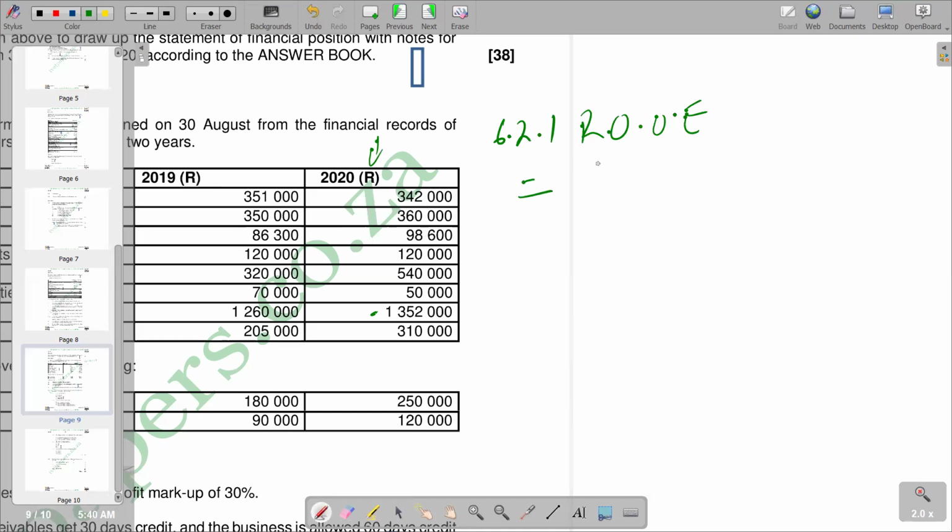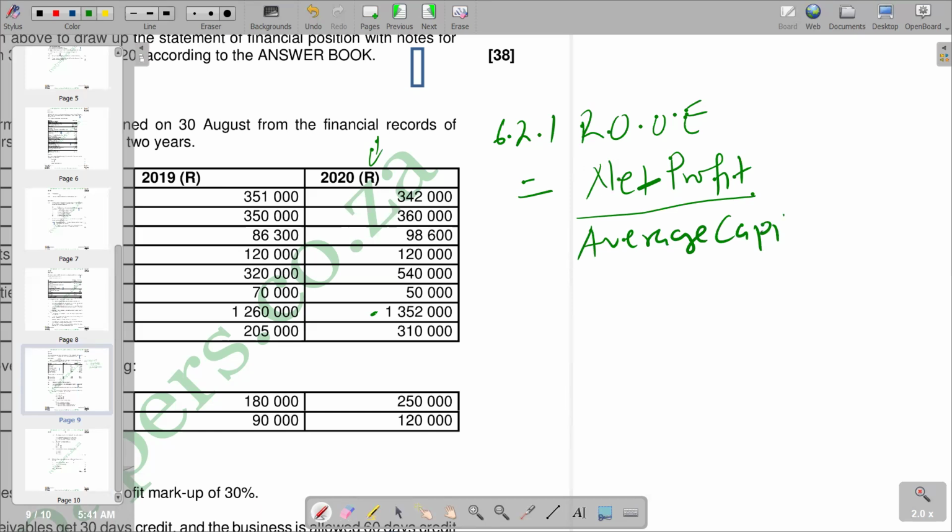The formula that we use to calculate is net profit over average capital. Then the answer that we get we multiply by 100 over 1.